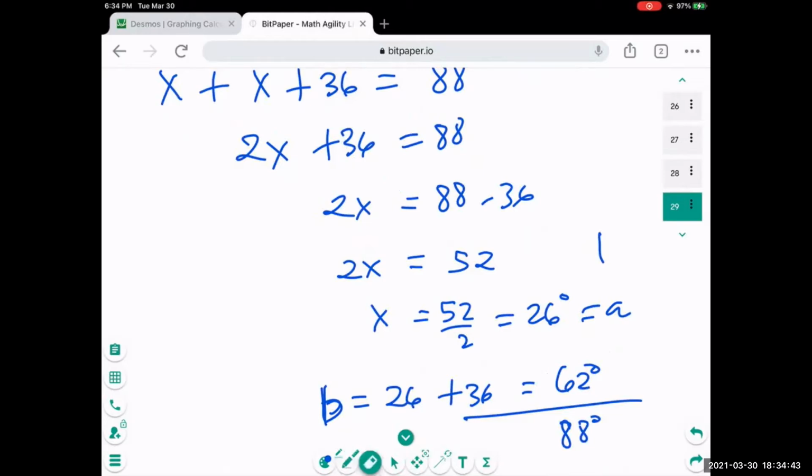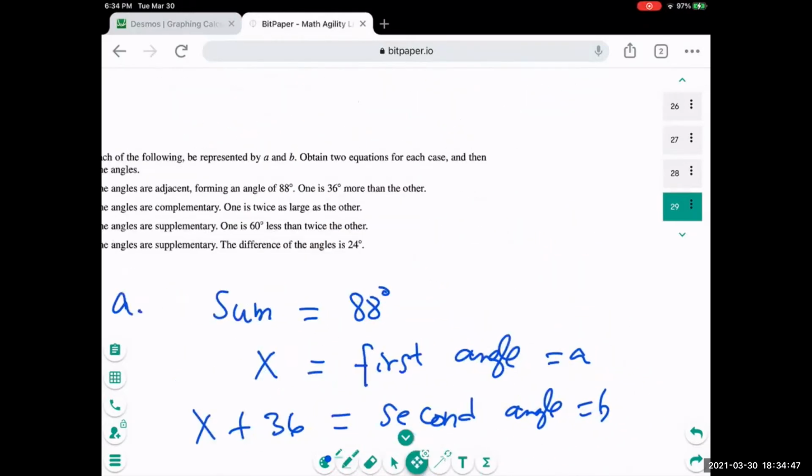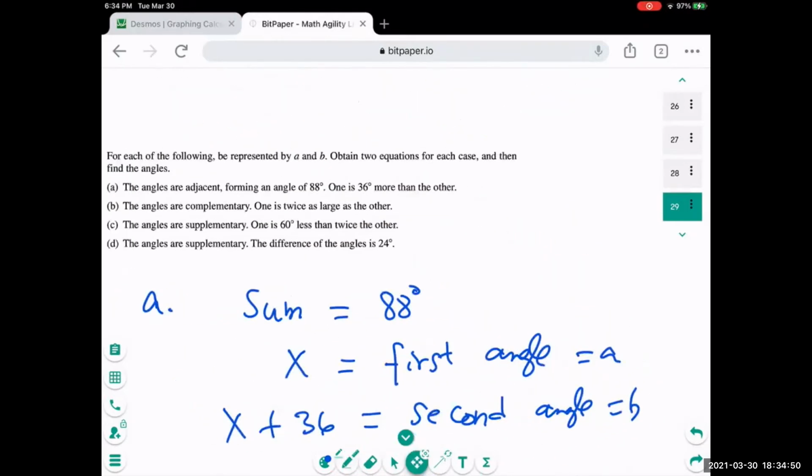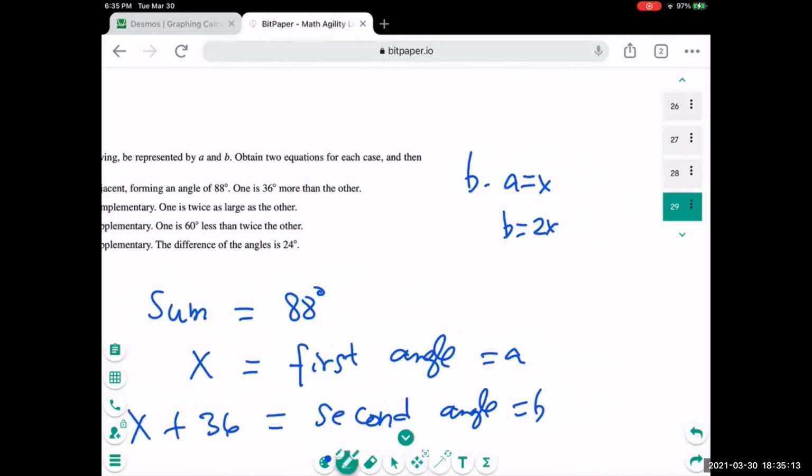So second question is, the angles are complementary. One is twice as large as the other. So if A is x, therefore B is 2x, right? Because it says twice as large. And for complementary angles, the sum would be equal to 90 degrees.